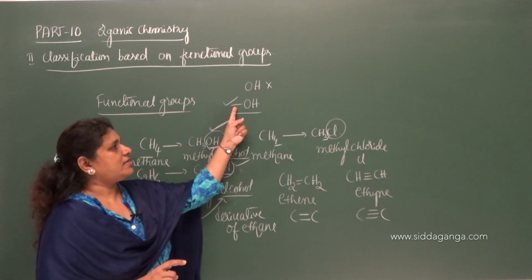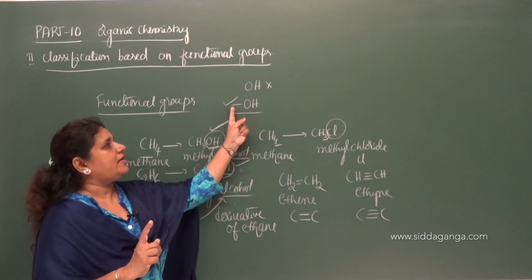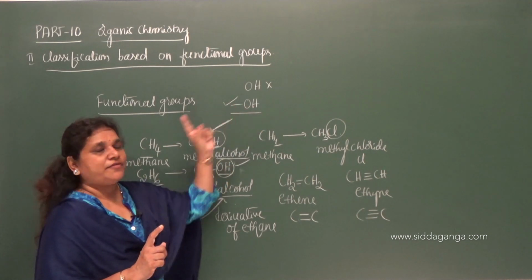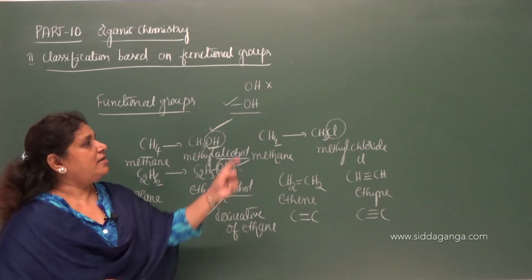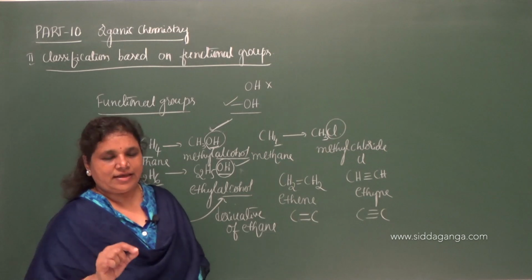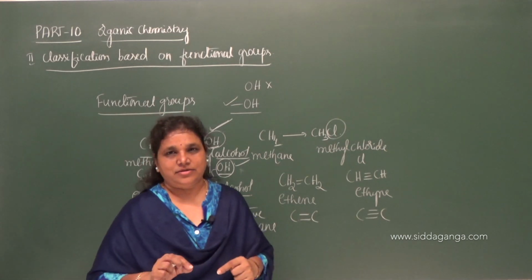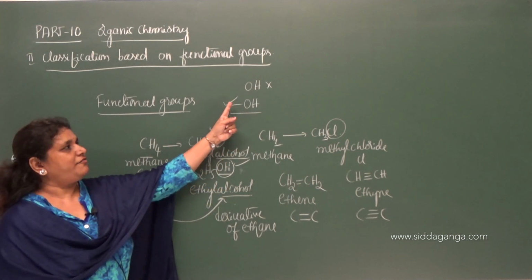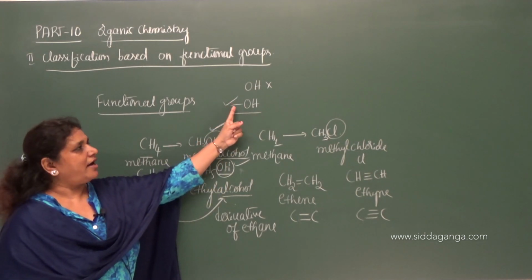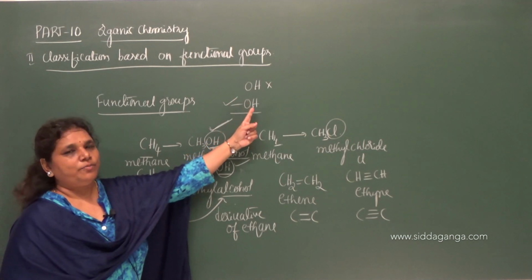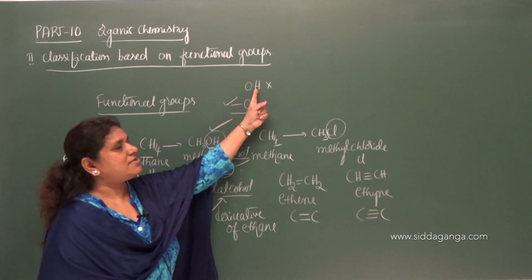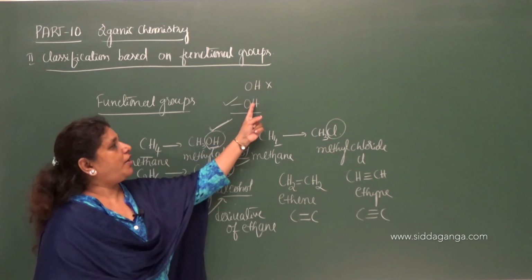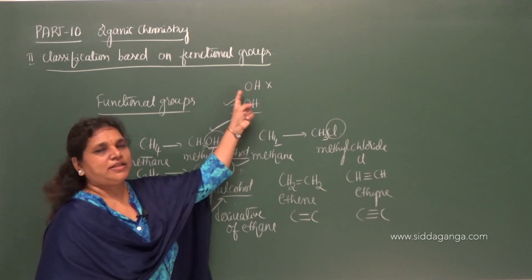You cannot call it negative OH. It is a hyphen, and that hyphen indicates the presence of one vacant valency of oxygen. So while indicating the functional group, you have to write the hyphen first and then the group of atoms, and writing the functional group any other way is wrong. You have to mention the functional group in this form.